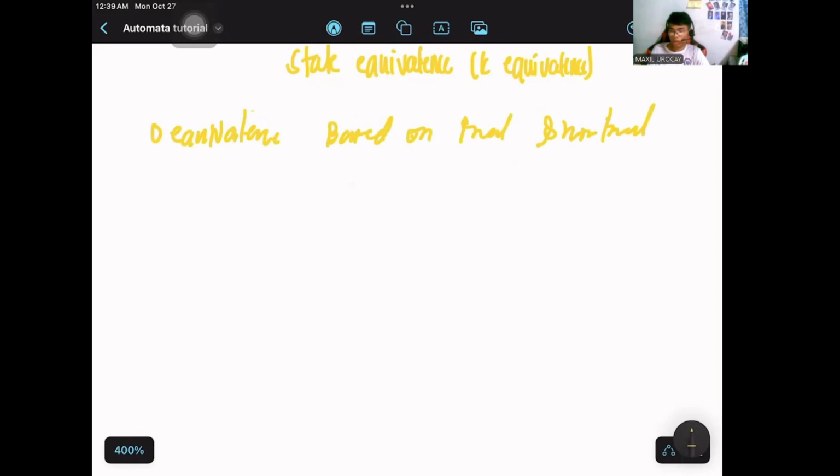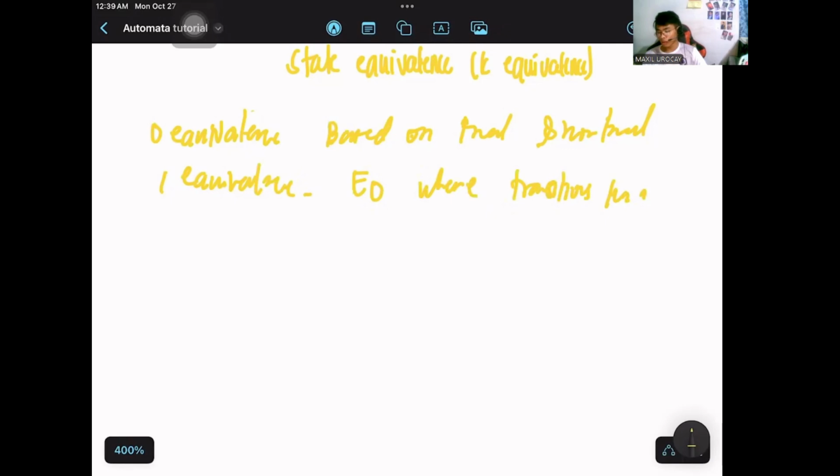Then the one equivalence is based on equivalence zero, where the transitions lead. Compare the transition for each symbol. The two states stay equivalent if their transitions are the same.